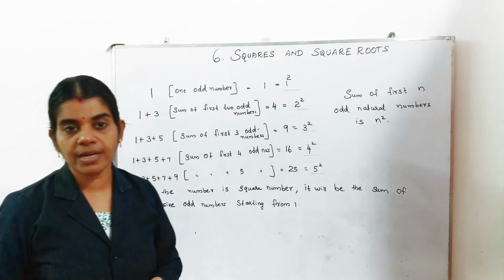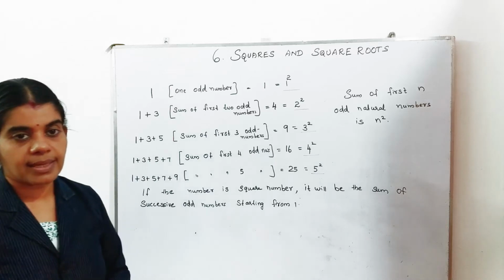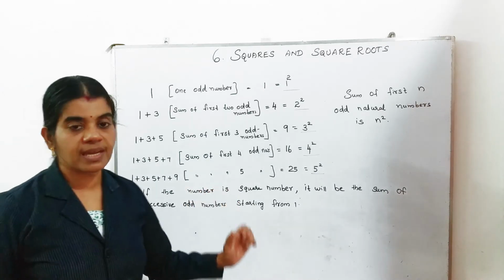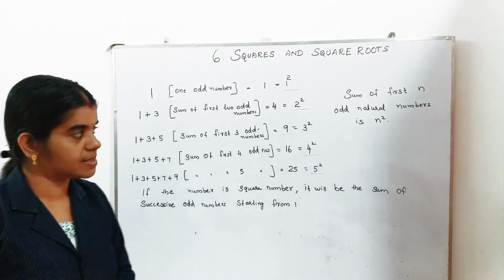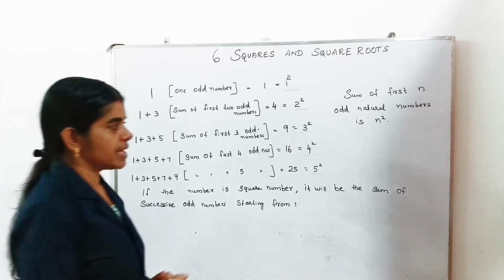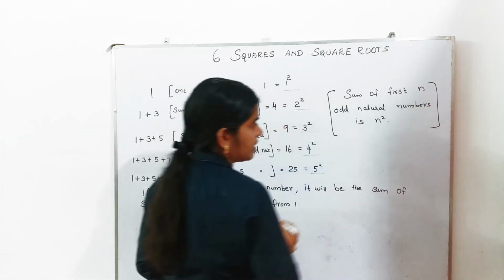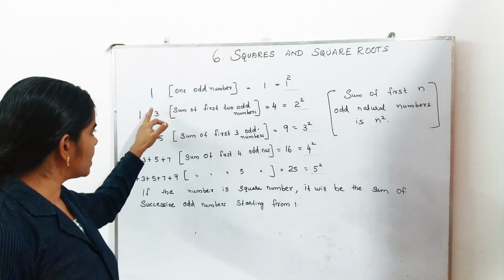First will be 1, next odd number will be 3, 5, 7, 9, like that. Generally, we are saying the sum of the first n odd natural numbers is n square.